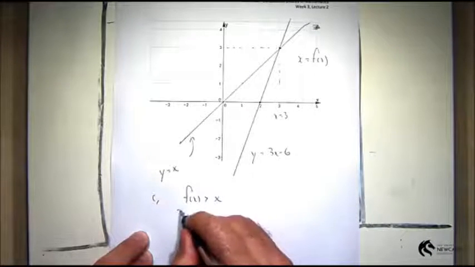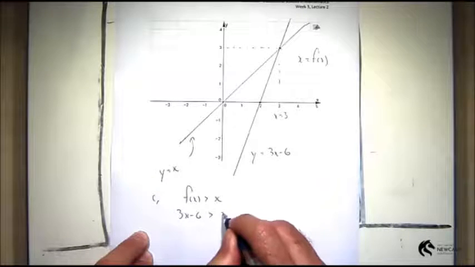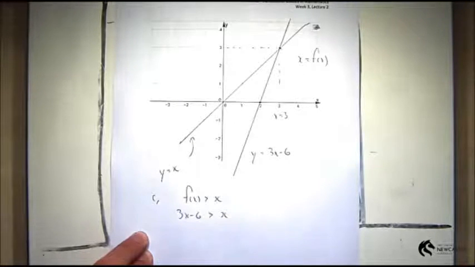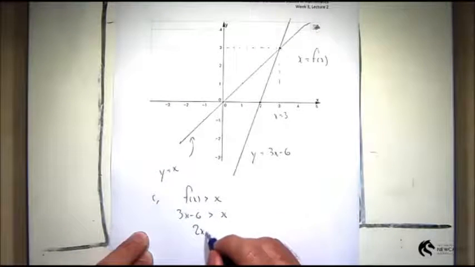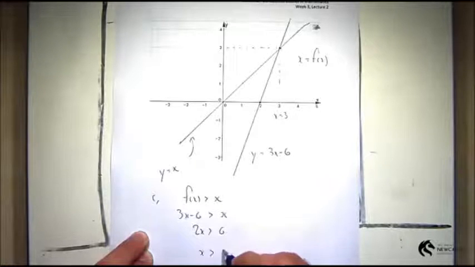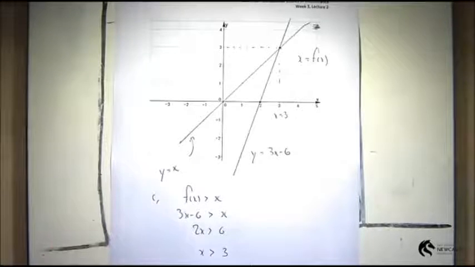So f(x) = 3x - 6 is greater than x. So if I solve that, bring that over, that's 2x is greater than 6. So that says when x is greater than 3. They're the values of x where f(x) is greater than x.